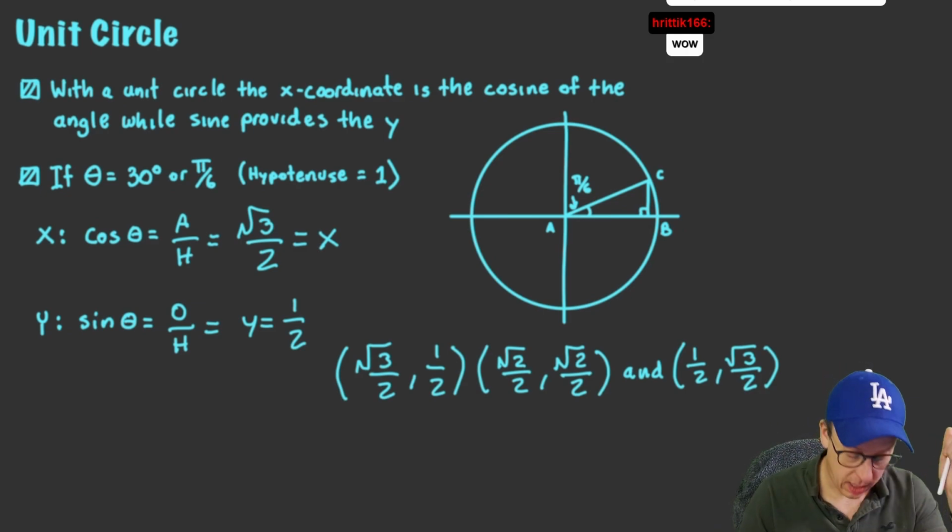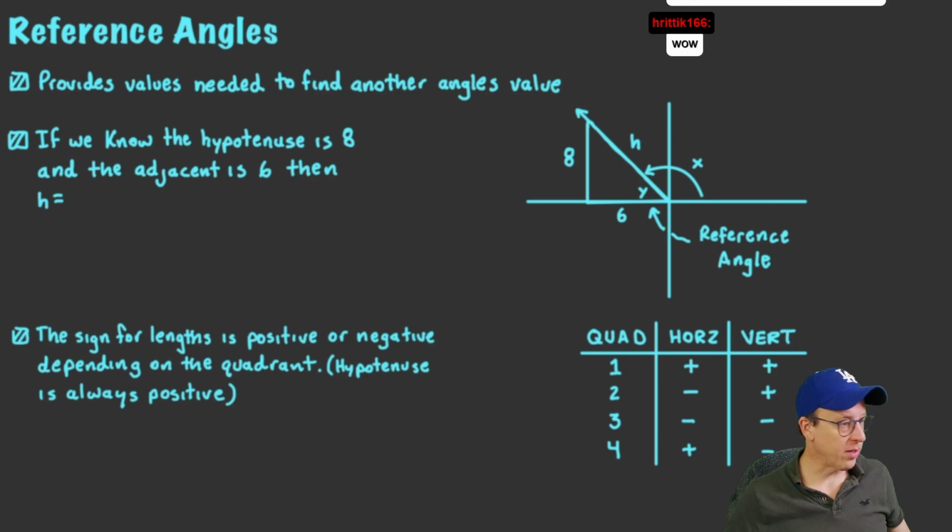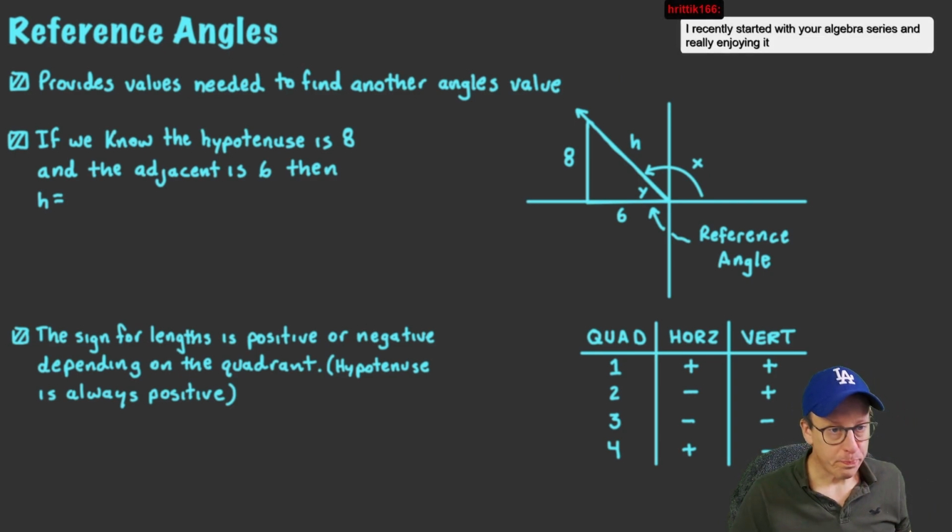All right? And so there's some stuff to memorize. That's what mainly a lot of stuff in trig is, just memorizing a couple different rules and a couple different formulas and such.